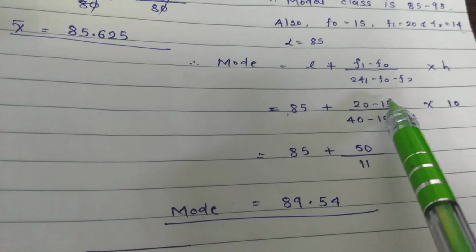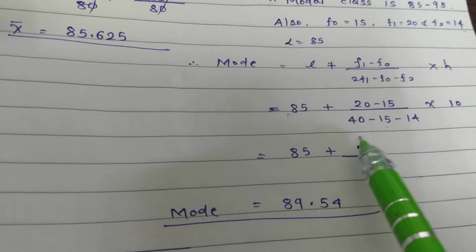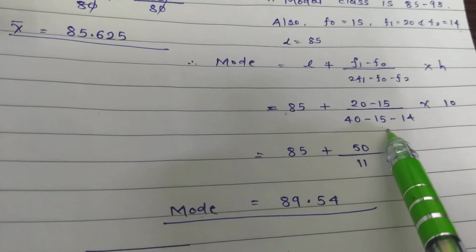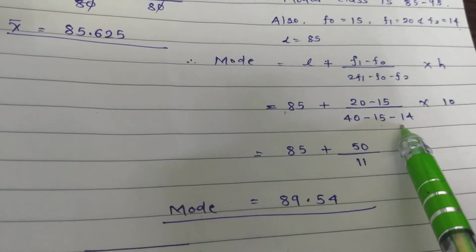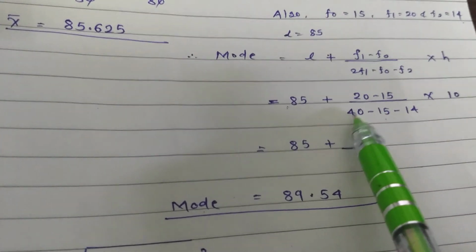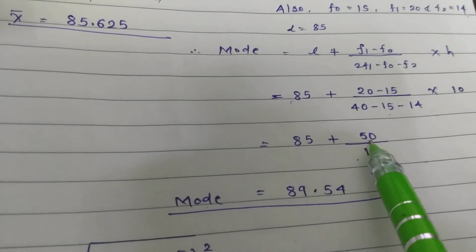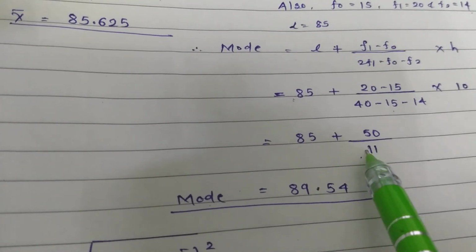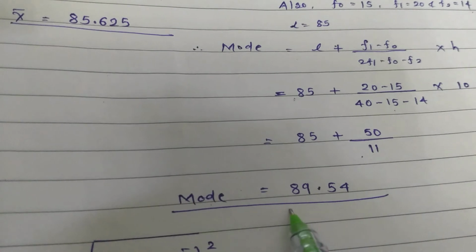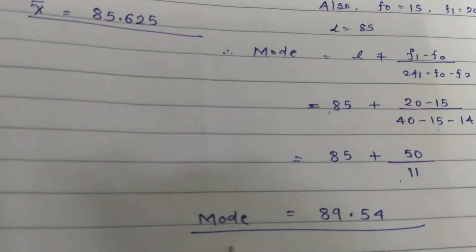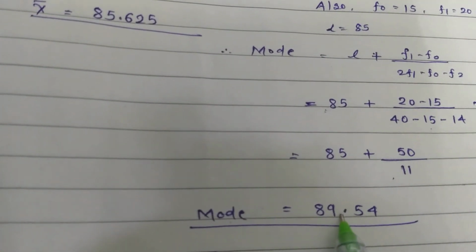So 20 minus 15 is 5, 5 tens are 50, and the denominator is 40 minus 29, that is 11. So 85 plus 50 upon 11, that is 4.55, plus 85 is 89.55. So the mode value is 89.55.